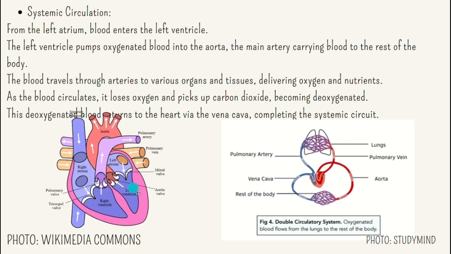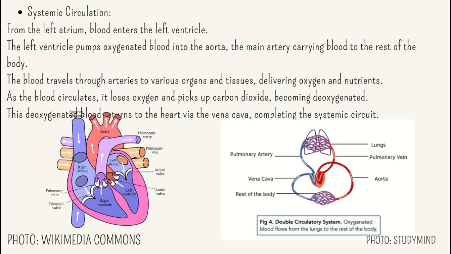From the left atrium, it enters the left ventricle, and then it pumps oxygenated blood into the aorta, and the aorta to the rest of the body, right? All these different organs and tissues that need oxygenated blood are going to get it, and that is how we say that blood goes through the heart twice, right?